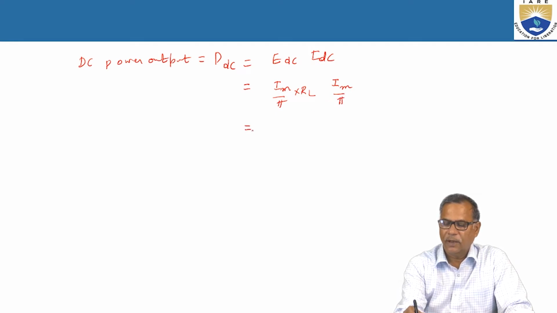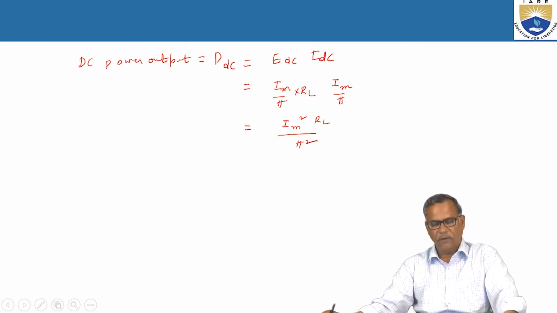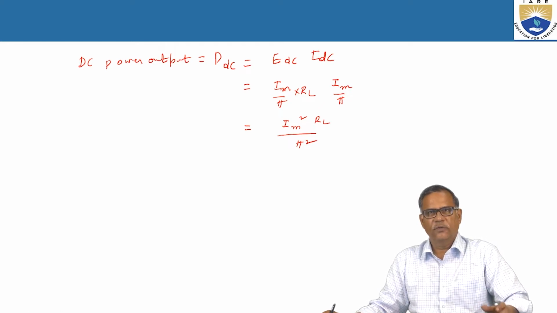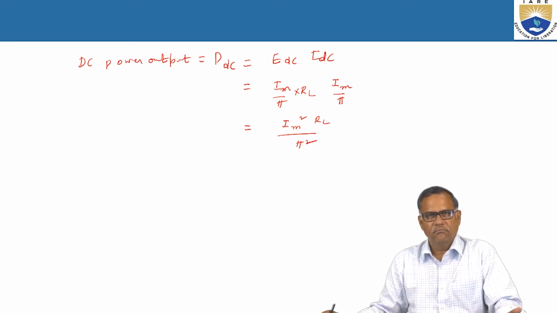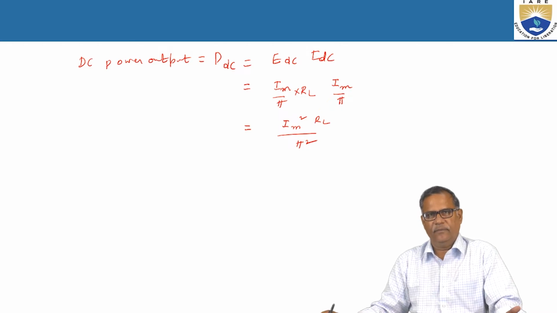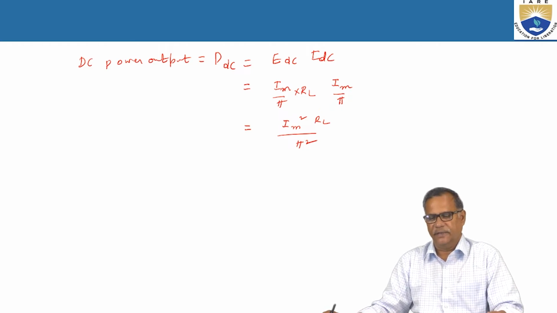So what is the value of the DC power output? It is nothing but Im square RL divided by pi square. This is the value of the DC power output coming from the rectifier after rectification.